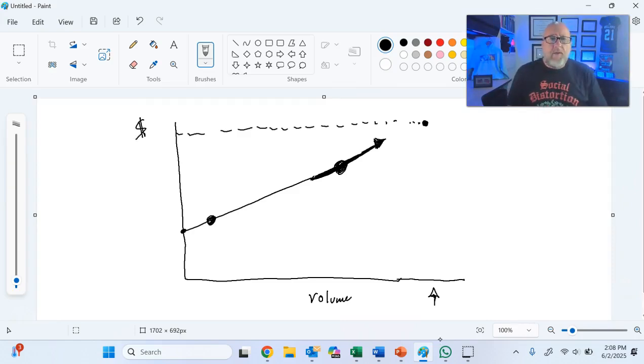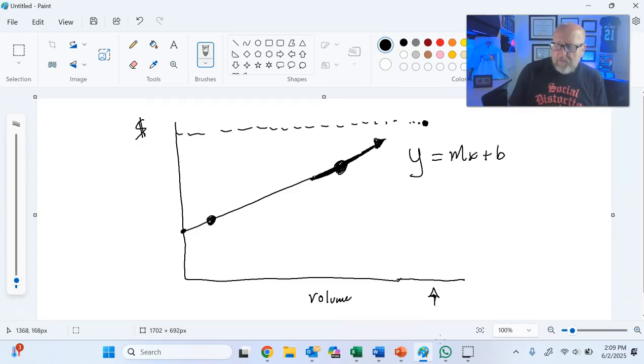And so what we're going to do, don't freak out, but we're really going to leverage what we've learned, maybe not even in intermediate algebra, maybe just beginning algebra. If I have a straight line, I know the formula for the straight line. It's y equals mx plus b, where y is the total cost.